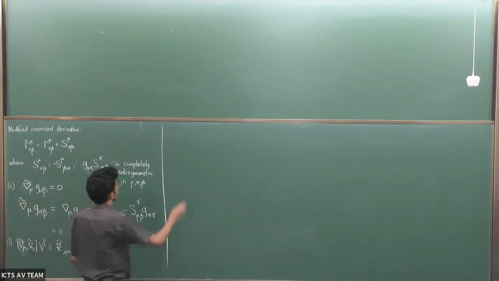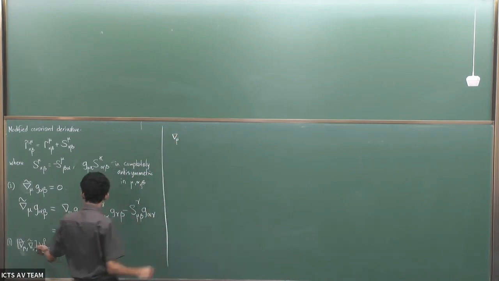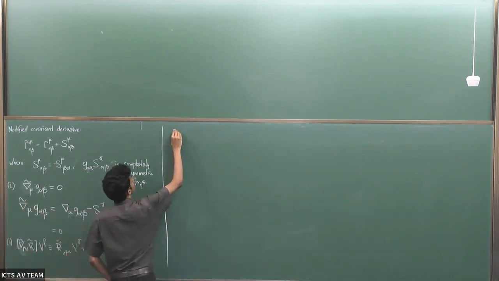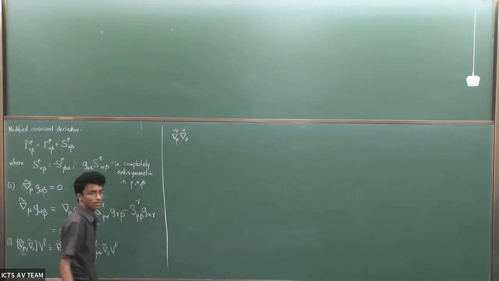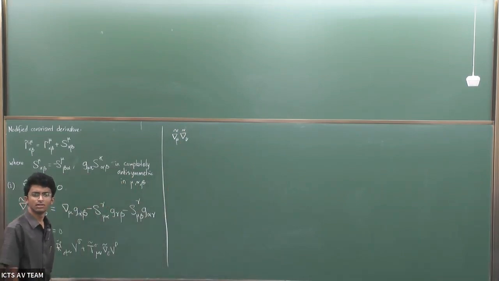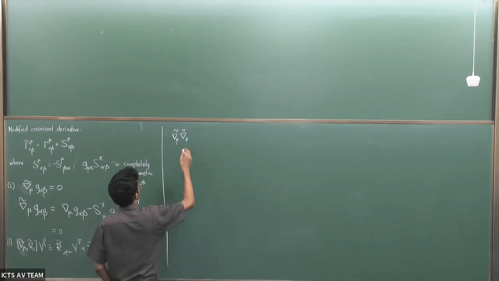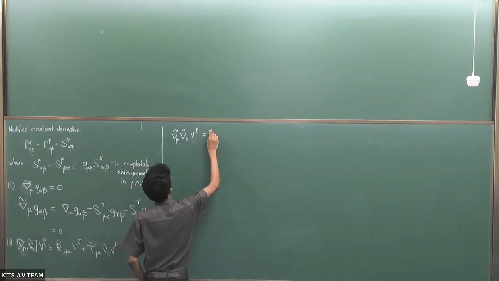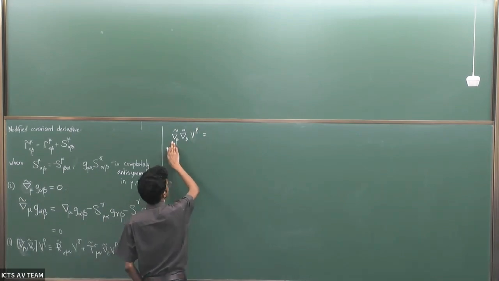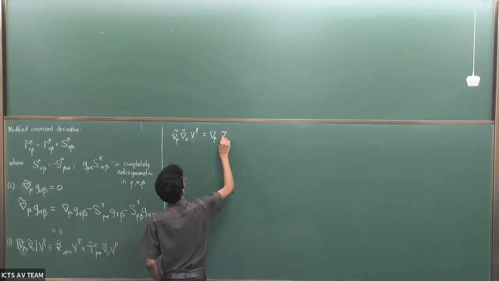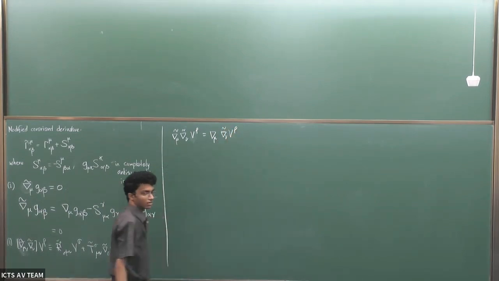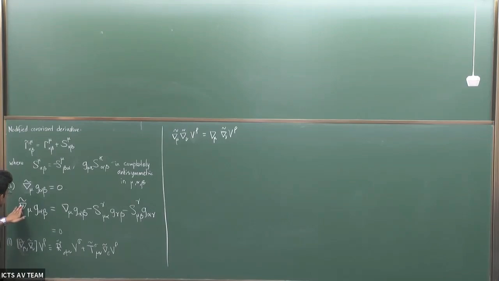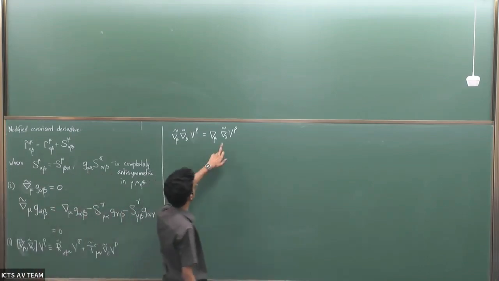So let's do this. Instead of taking the antisymmetric combination in the beginning itself, we really need to take this combination. Is this visible? I think it is. Okay, let's take this combination on a V rho. Let's do this derivative first. That's just del mu acting on del nu tilde V rho. Remember that the tilde nabla acts just like a nabla except for these S terms, so we have to get rid of these S terms.